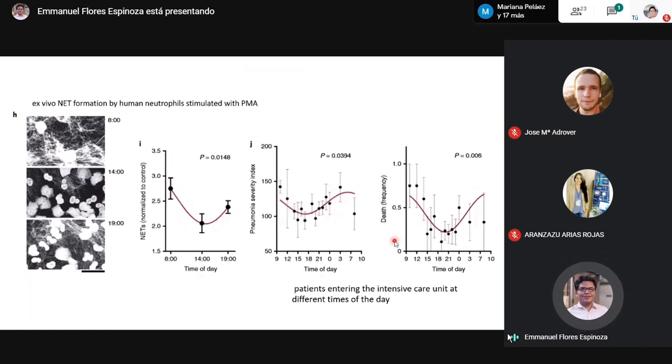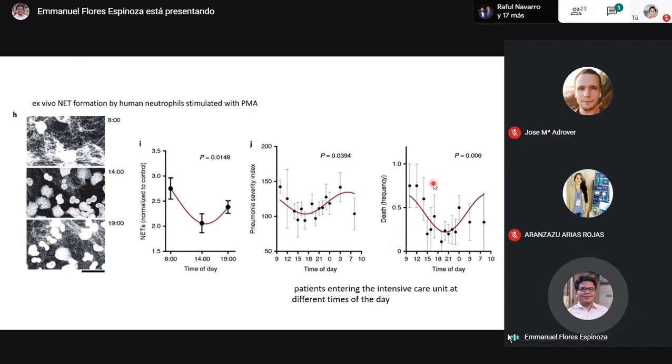They analyzed and they show that there is a correlation. There is a variation of the death frequency across the daytime, the time of the day when they enter the care unit.